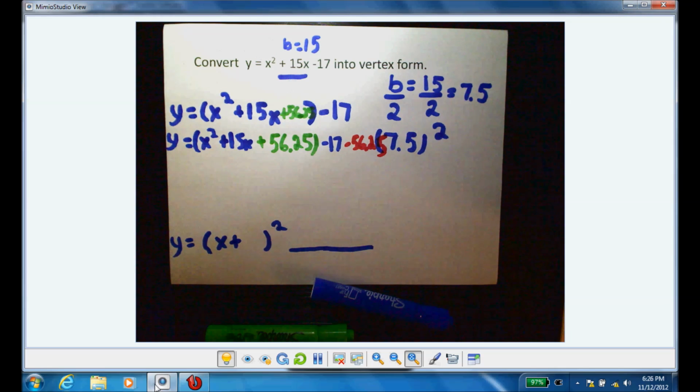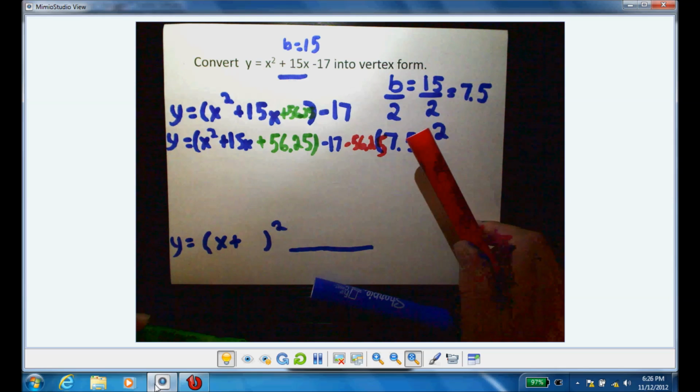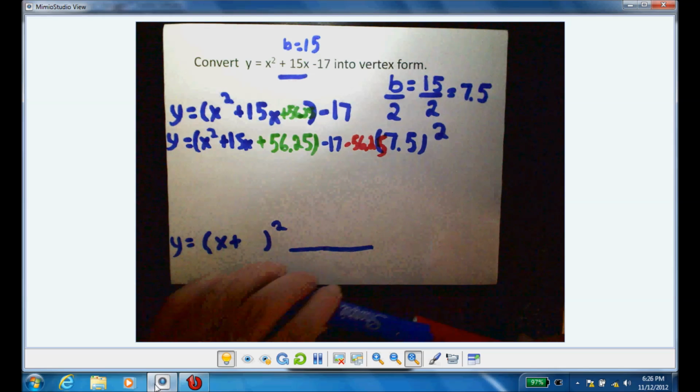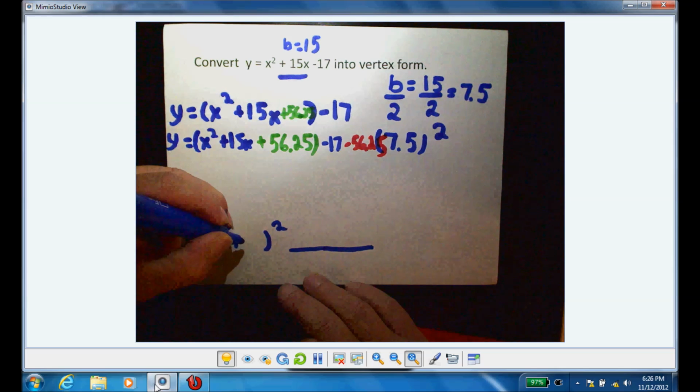Now, by the way, remember what our b was? b divided by 2 was 7.5. That is the number that goes down here on the bottom.